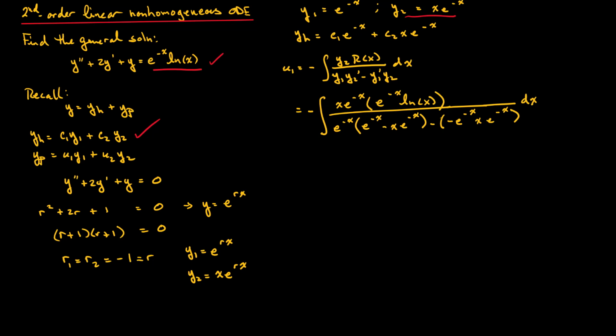Now this will involve a bit of algebra, a bit of grouping of terms to simplify. But what we find, after some simplification, is that this integral is of the form x ln of x dx. I invite you to pause the video and try to come to this same integral.